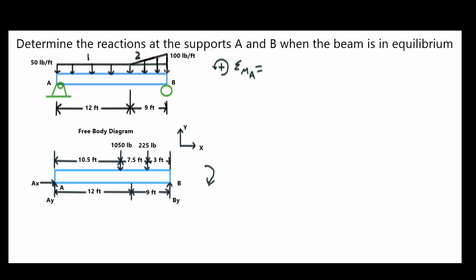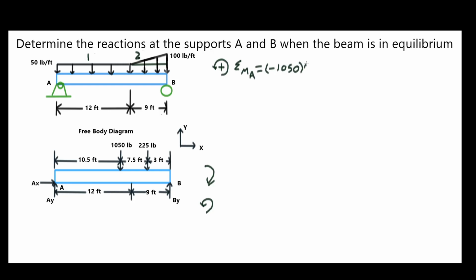And if you look at BY, which is pushing up on the beam, that's going to cause it to rotate counterclockwise. So anytime that it's opposite from what we predicted up here, that means it's going to be a negative value. So when we're calculating the moments of these forces, they're both going to be negative values. So we'll go ahead and start writing down what we need to multiply.